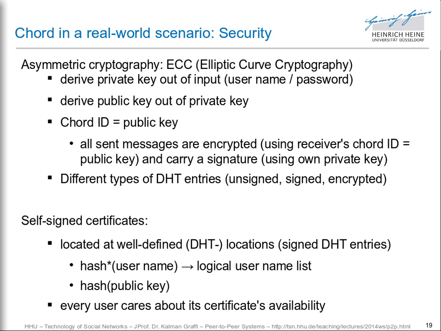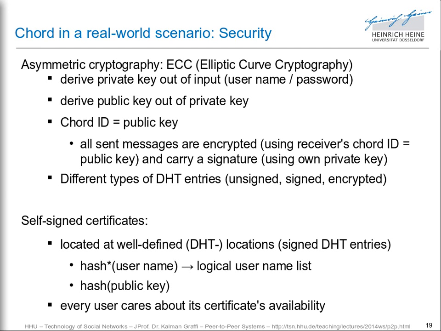In our security layer, we use asymmetric cryptography, ECC, which means Elliptic Curve Cryptography, in order to offer a deterministic login. We derive the private key out of the input, so the username and the password. Then we derive the public key out of the private key, and we set the Chord ID as our public key.